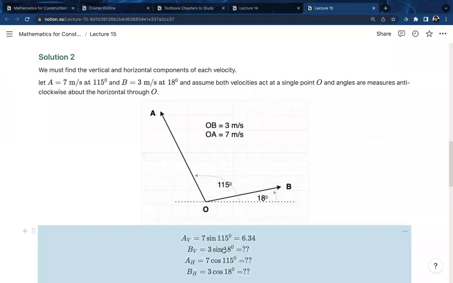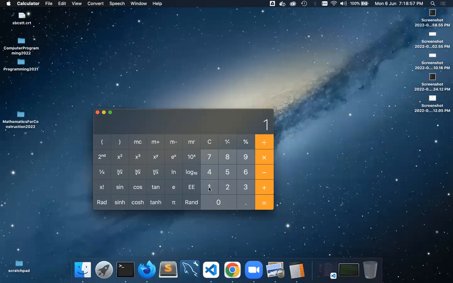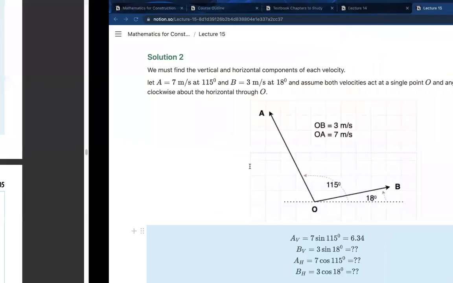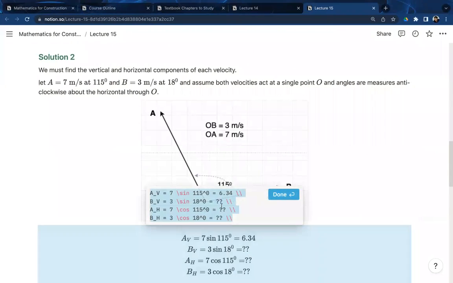Right? Then 3 sine 18 degrees. Find the sine of 18 multiplied by 3 equals 0.927, or 0.93.